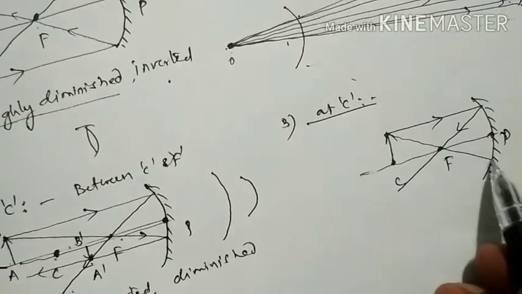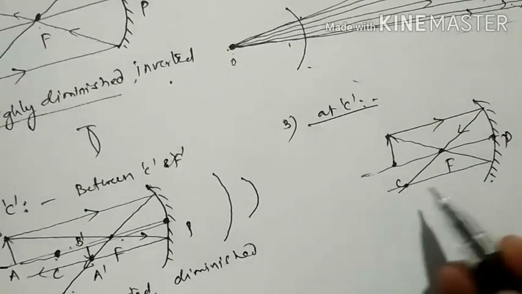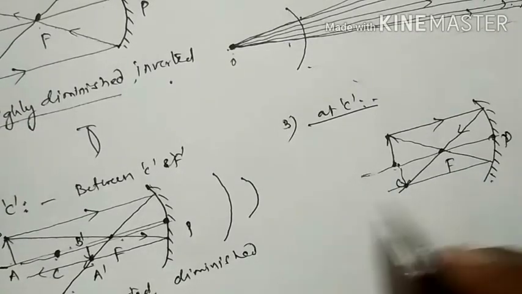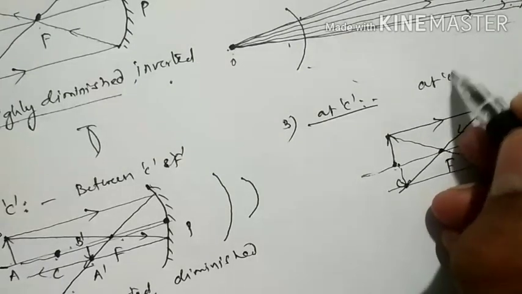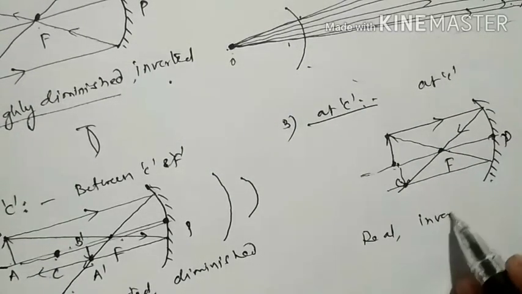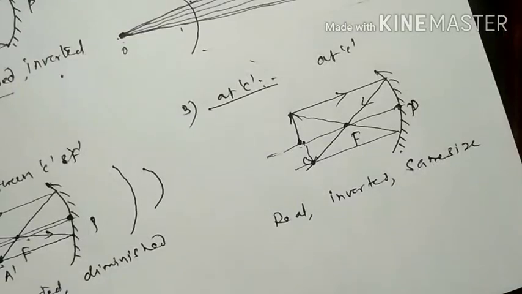Light rays are passing through focus and they are incident like this. So almost nearer to this, because it depends upon the distance. Almost at C you are going to get the image. The image is formed at C. So it is real, inverted and almost the same size. Real, inverted and same size.